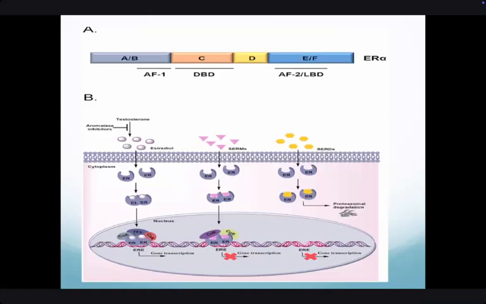These co-regulators can either activate, this is CoA, or inactivate, the CoR, the ER transcriptional complex, thereby directly influencing the ER target gene expression. The ER target genes regulate proliferation and survival.